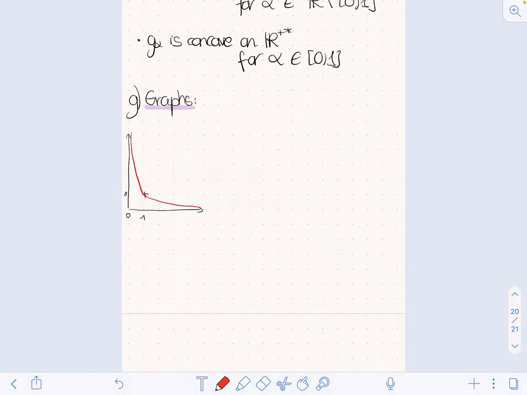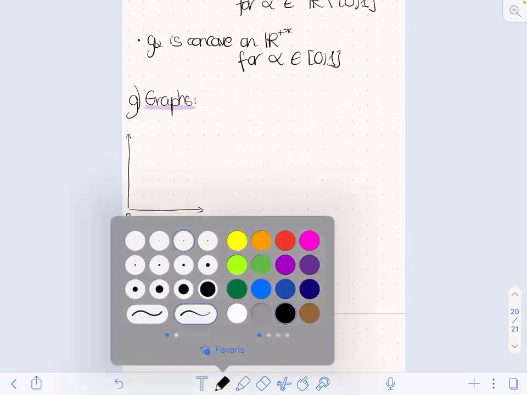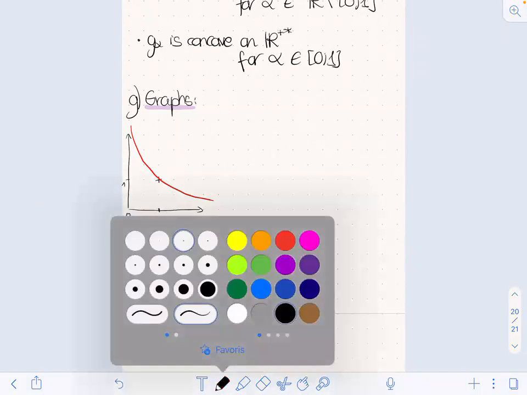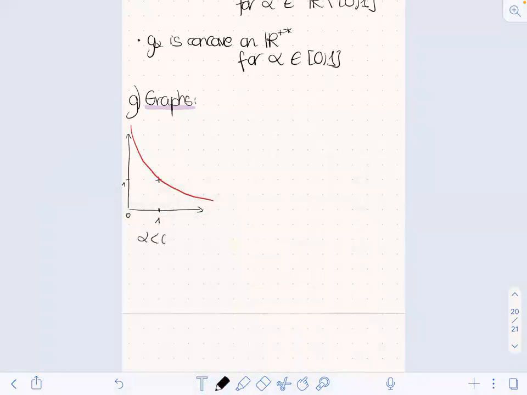And so the behavior of the function is something like this, but I'll shift 1 to give me a chance of a nicer drawing. So put 1 here. Something like this. So it goes to 0 plus infinity, and that's the case alpha is negative.